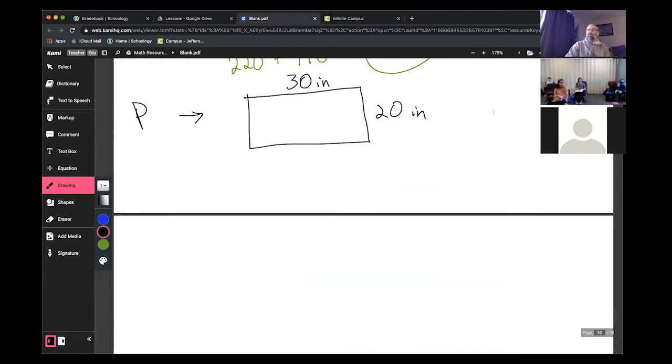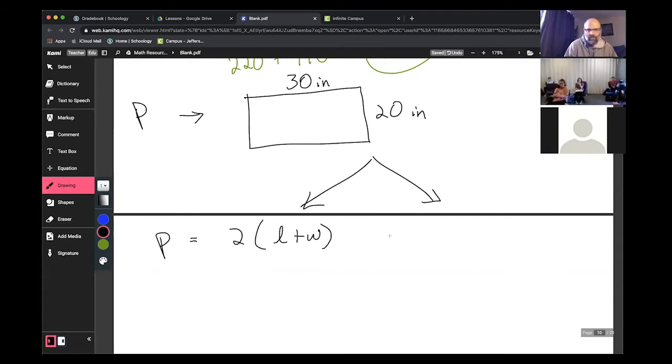So you can try it both ways if you want, or just do it your way. Okay, so try it both ways. See if you get the same answer.